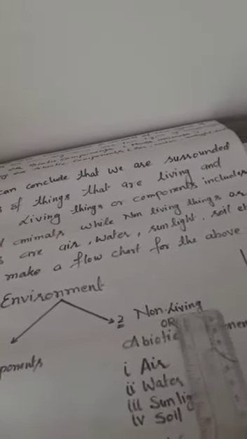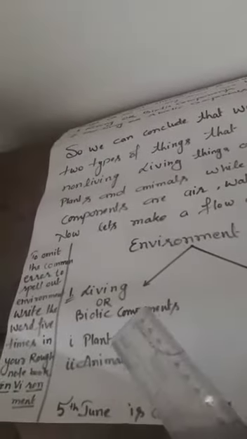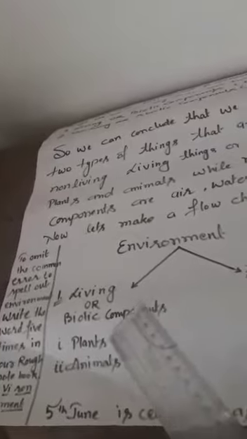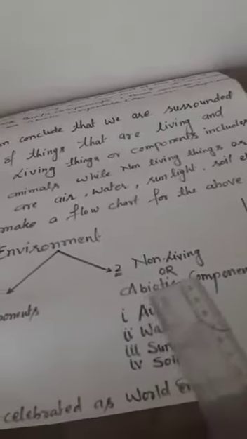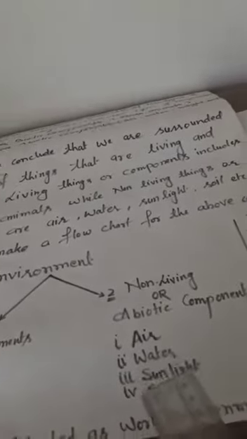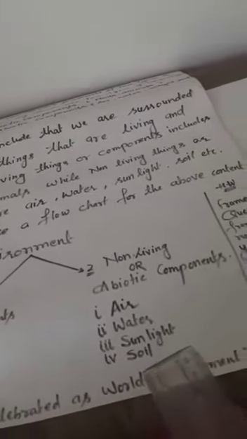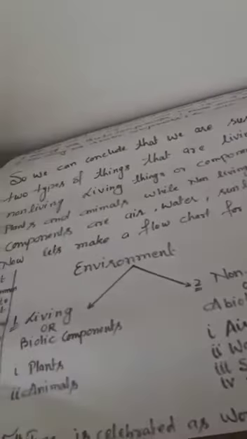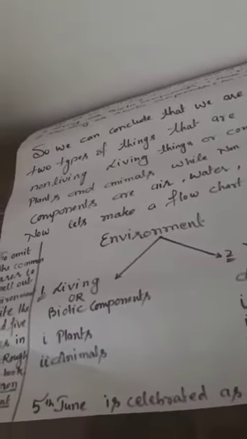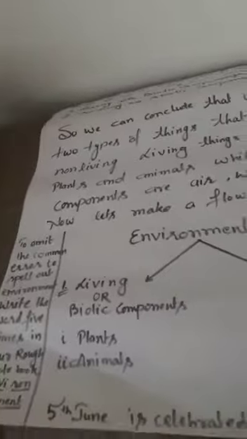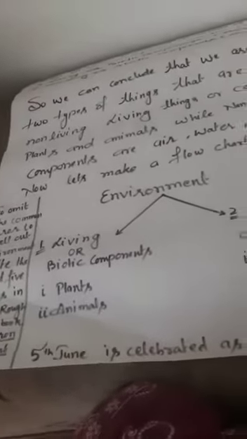And the second is non-living or abiotic component. What are the examples present in the living component? Plants and animals. And in non-living, air, water, sunlight, soil, etc. This is called the flow chart. If you make it in your notebook, you can easily distinguish between the two components of environment.